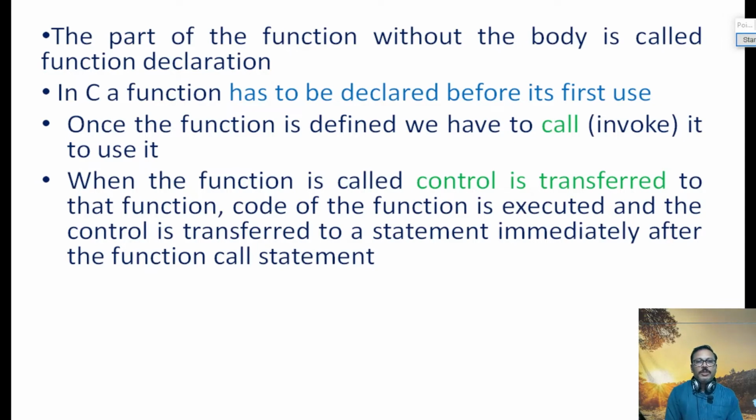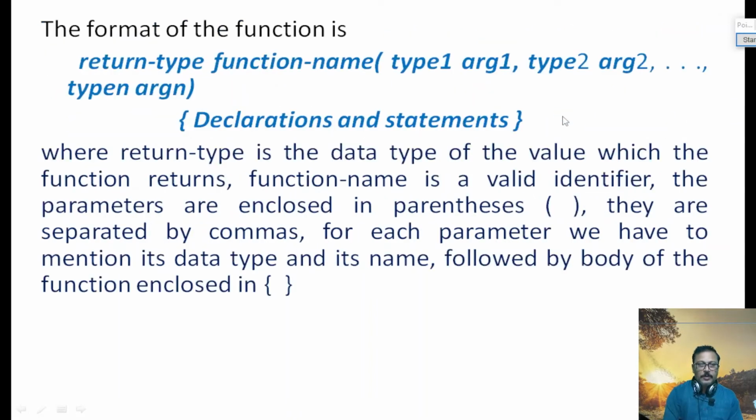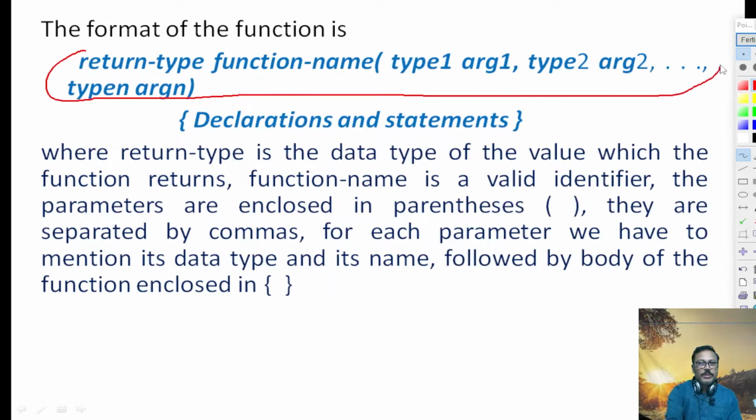The part of the function without body is called function declaration. If you don't write any code, it can be called as a declaration. Suppose if you consider here, this part is nothing but the function declaration.